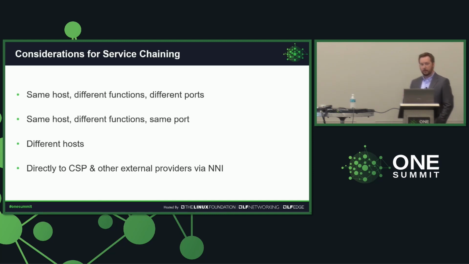You can also have the use case, and one of the more complicated ones is when traffic needs to go from one single host, from one network function, out a physical port, up to the switch, return on that same physical port, so immediately hairpin, come back in on that same port, and then ingress into a different virtual network function.